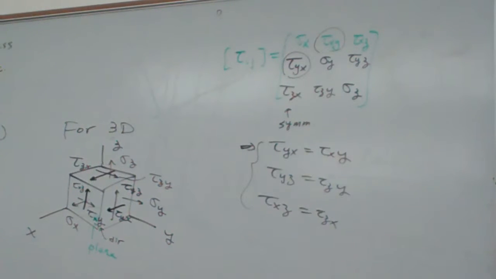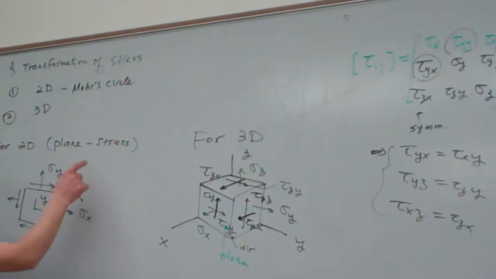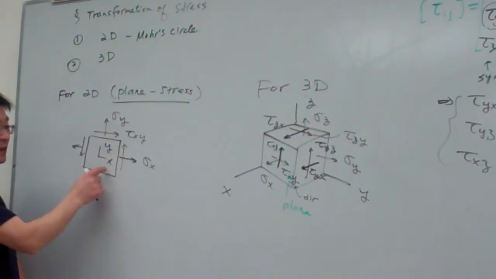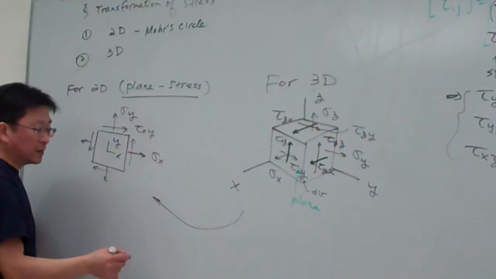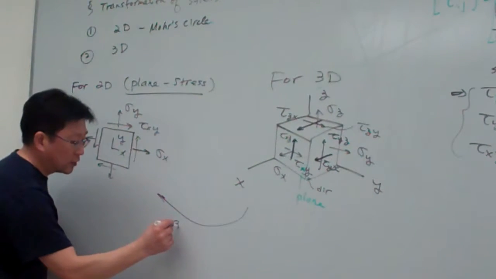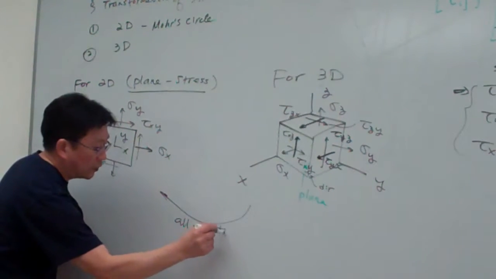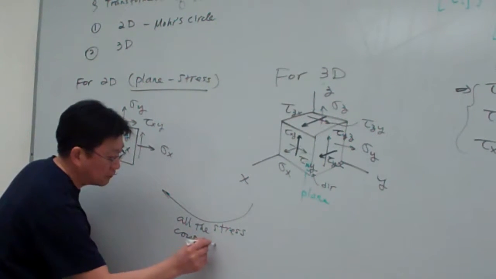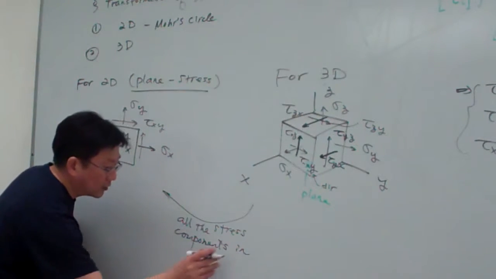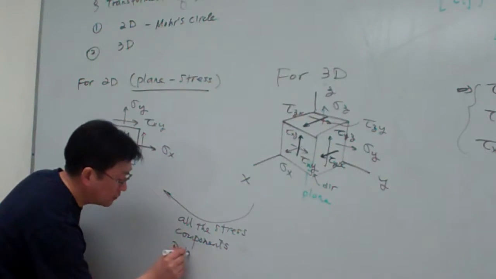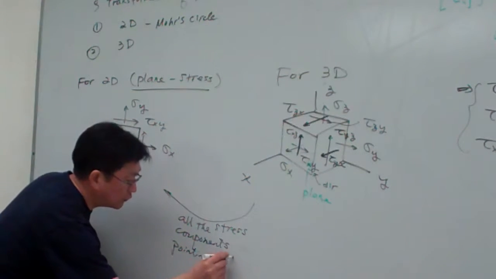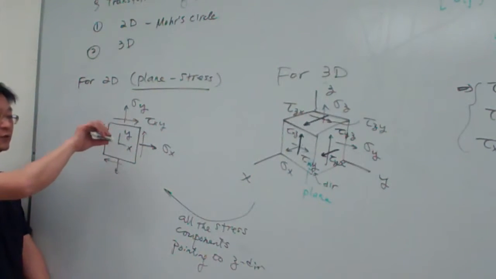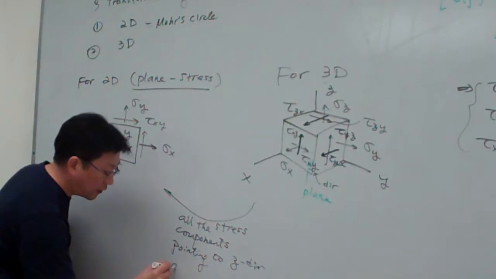And this is the special case of the 3D, and how can we define a plane stress? For this illustration, all the stress components pointing to the z direction, or any direction, I'm assuming are 0.